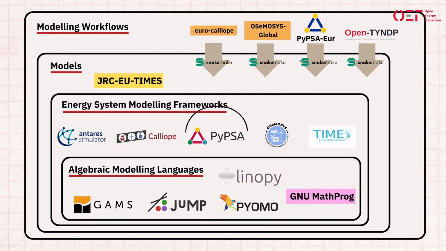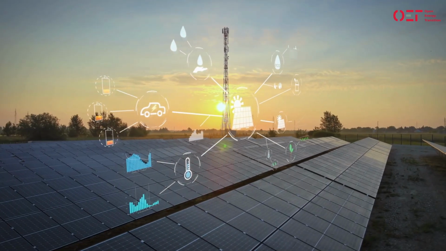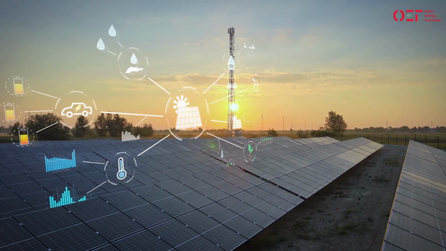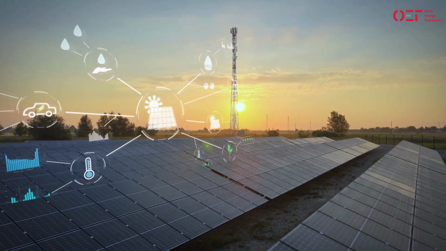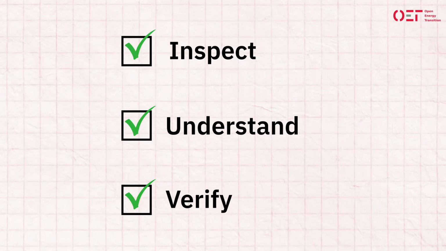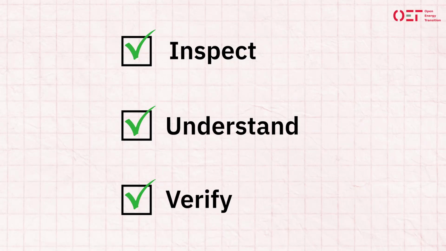However, open frameworks like PyPSA and open workflows like PyPSA-Eur and Open-TYNDP are crucial for open energy modeling and decision making, as future models can use them as a base for tackling different projects, problems, and research, and external stakeholders such as policymakers, civil society, and researchers can inspect, understand, and verify the assumptions behind energy models.